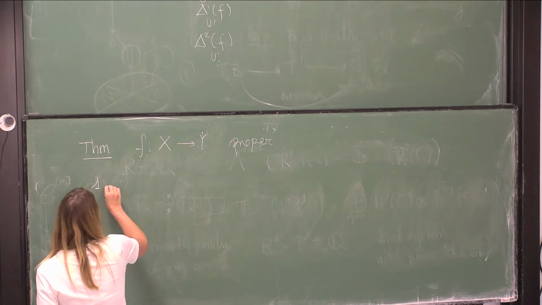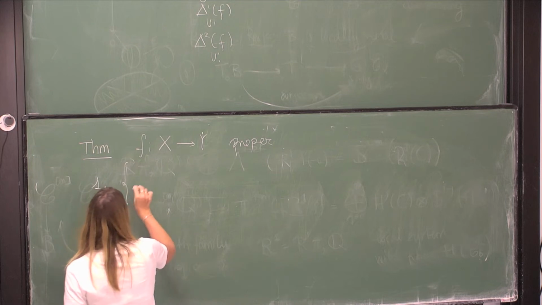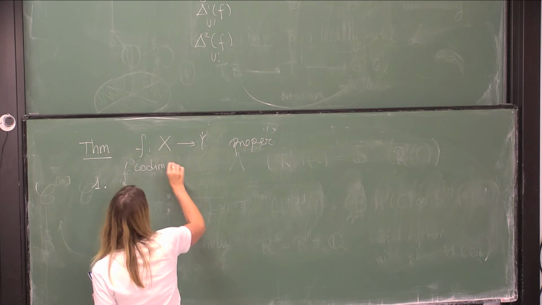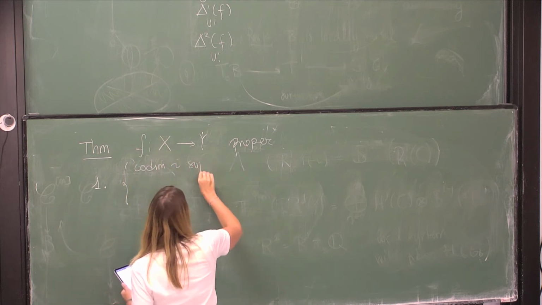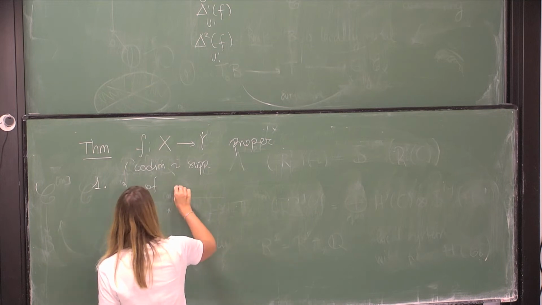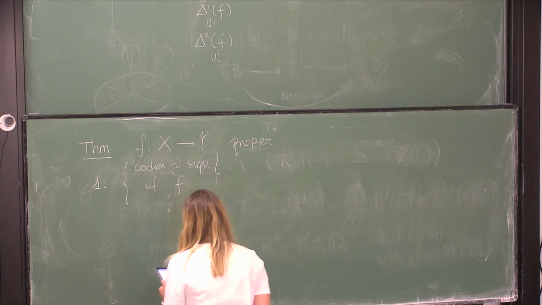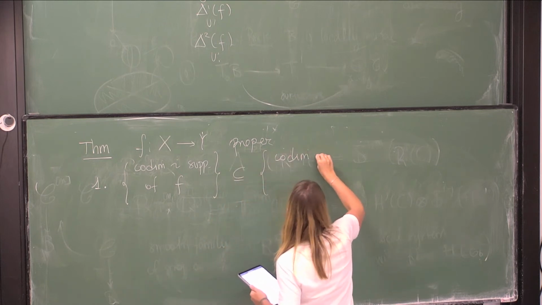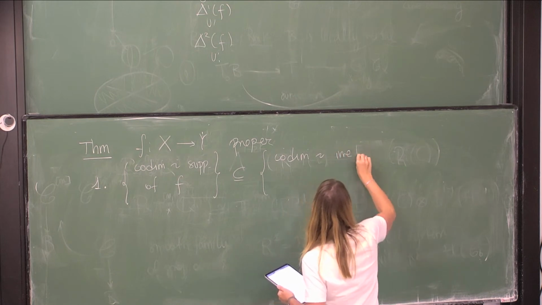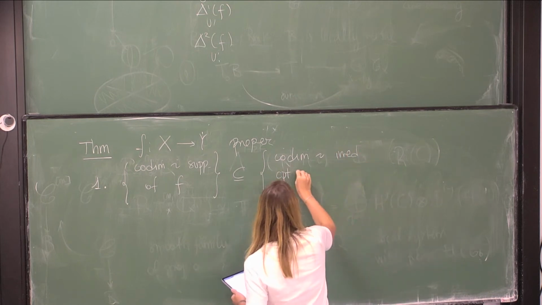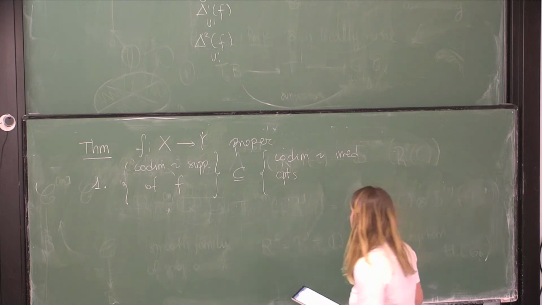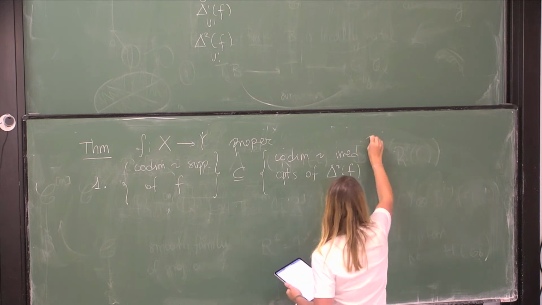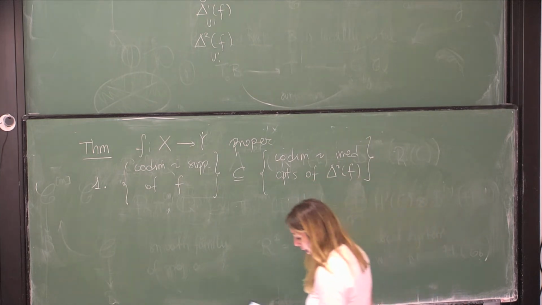So first point: the theorem is really specific because it tells us that the codimension I supports of the map f are included in the codimension I irreducible components, so the maximal dimensional components, of the ith higher discriminant.